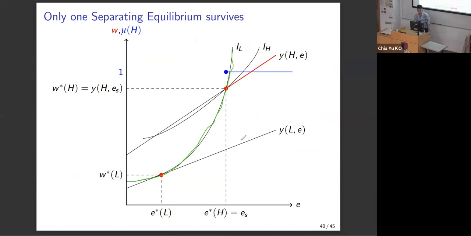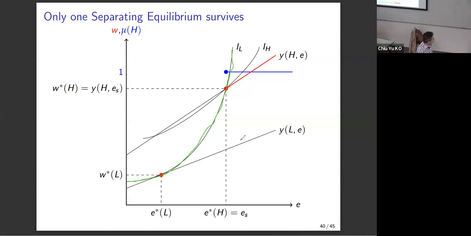If he is choosing education more than ES, then it cannot be, because look at the scenario.